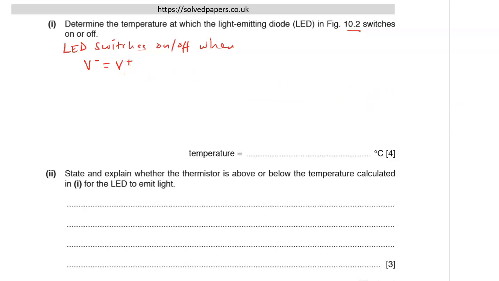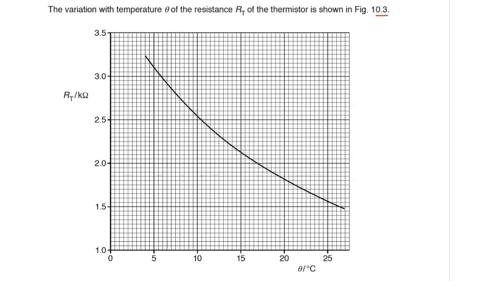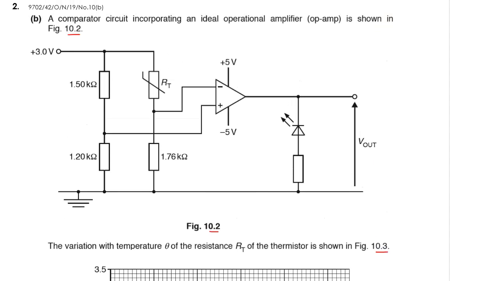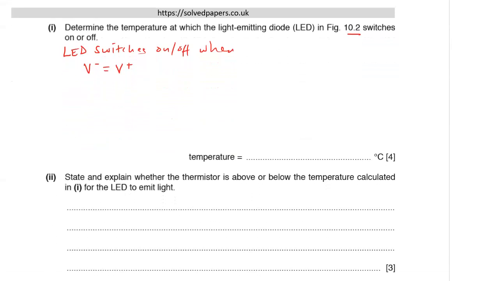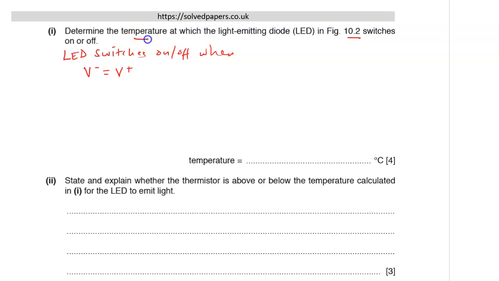Okay, and of course you can come up here. You can see the V plus is of course this 1.7 kilo ohm, that is the V minus right there. And of course our interest here is to find the temperature at which that happens.